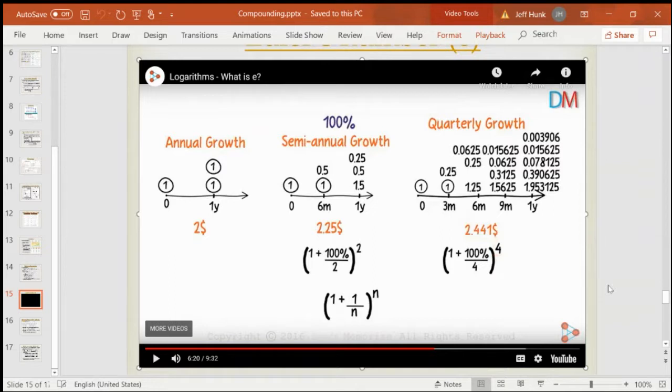The growth doesn't happen instantaneously at the end of the year or at the strike of a clock. Now, also, we understand time as minutes, hours, seconds, days, weeks, months, years, and these are all discrete units.